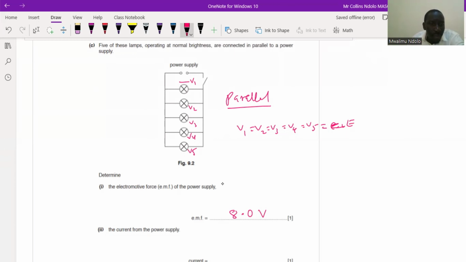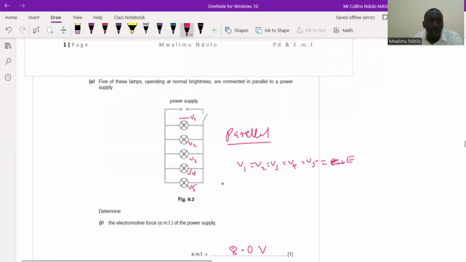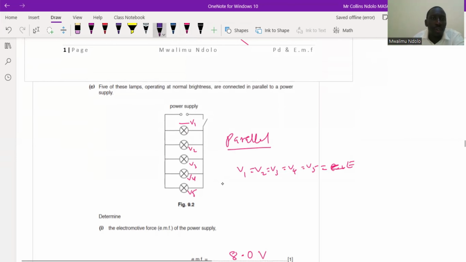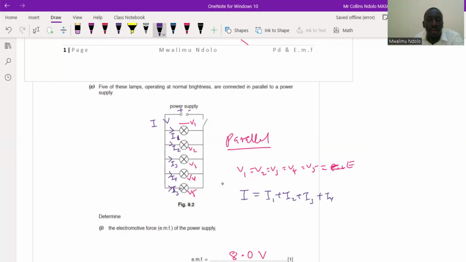Find the total current, determine the current from the power supply. Assume that this side is positive, then I will have here current I. Part of this current will flow here, because current splits, since there's a junction there. So total current I from the power supply is given by I1 plus I2 plus I3 plus I4 plus I5.